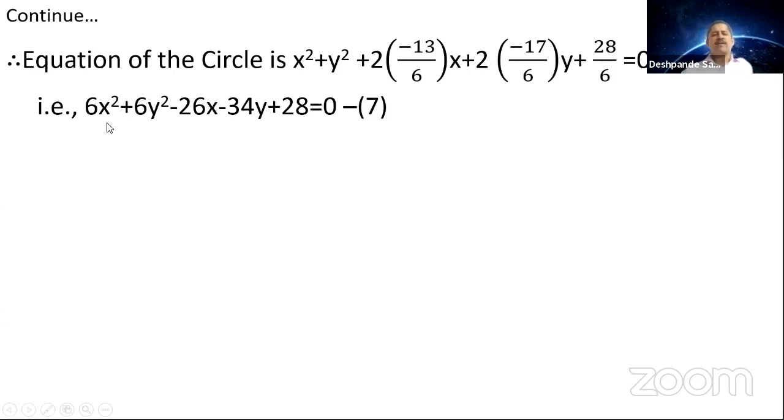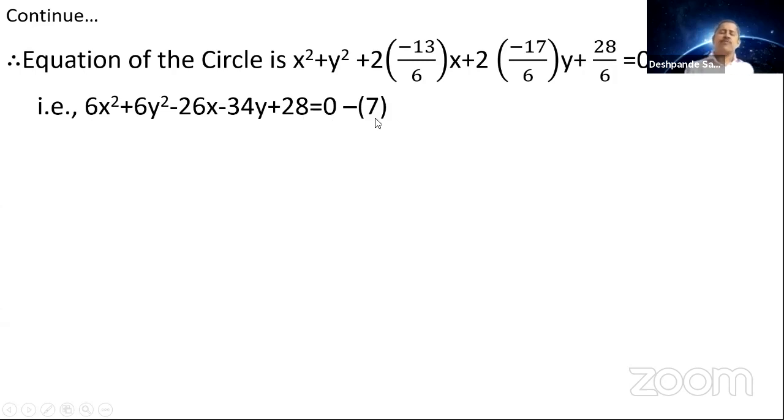If you don't want the common 2, you can divide by 2 and write 3 here and 3 here. Doesn't make a difference. So the equation is 6x square plus 6y square minus 26x minus 34y plus 28 is equal to 0. You can call this equation number 7.